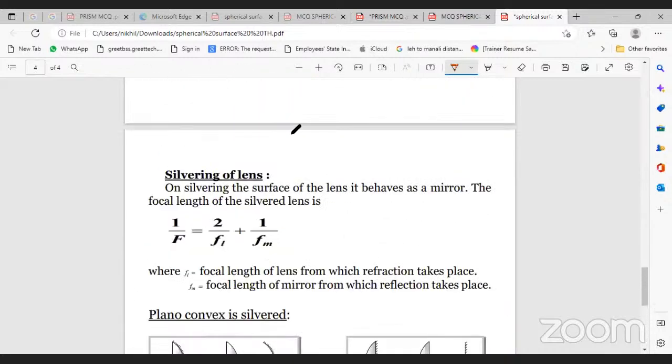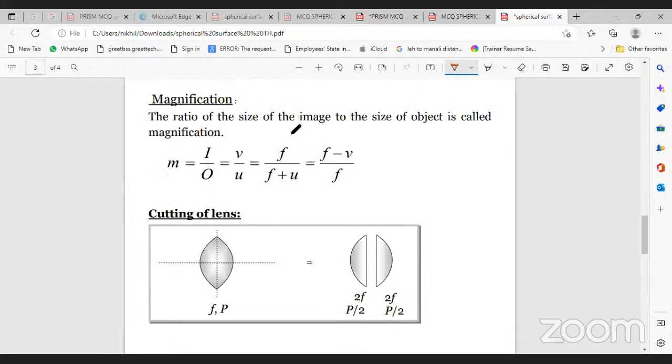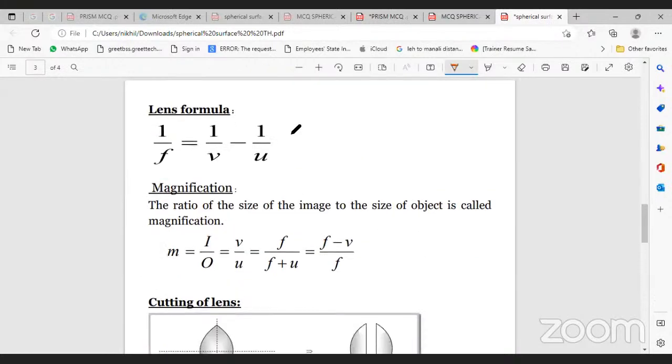These 3 concepts I'm going to take in the next session. So in the next session, we'll study the lens formula, magnification, cutting of lens. After discussion of this, immediately we'll take up the MCQs or competitive problems, objective problems based on lenses.